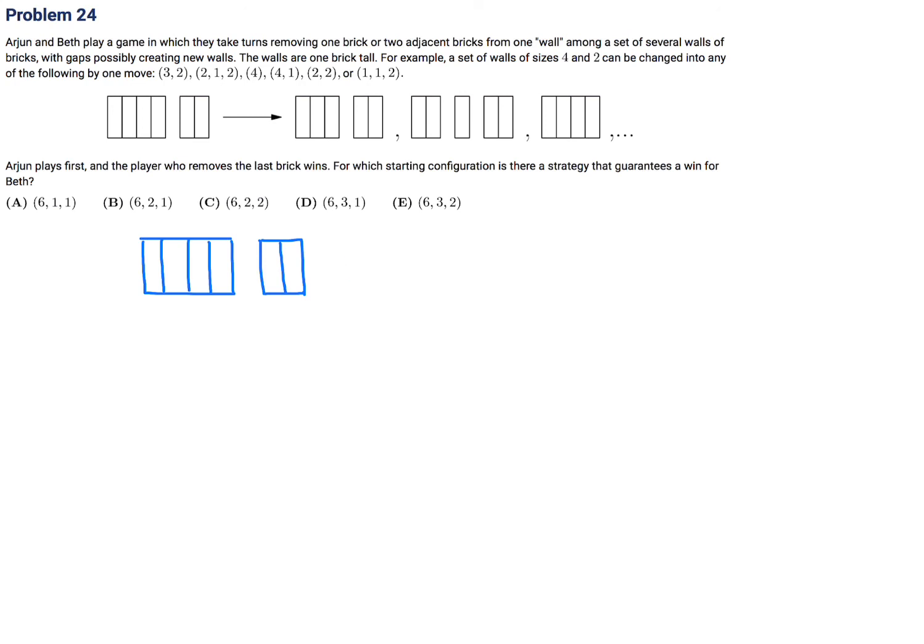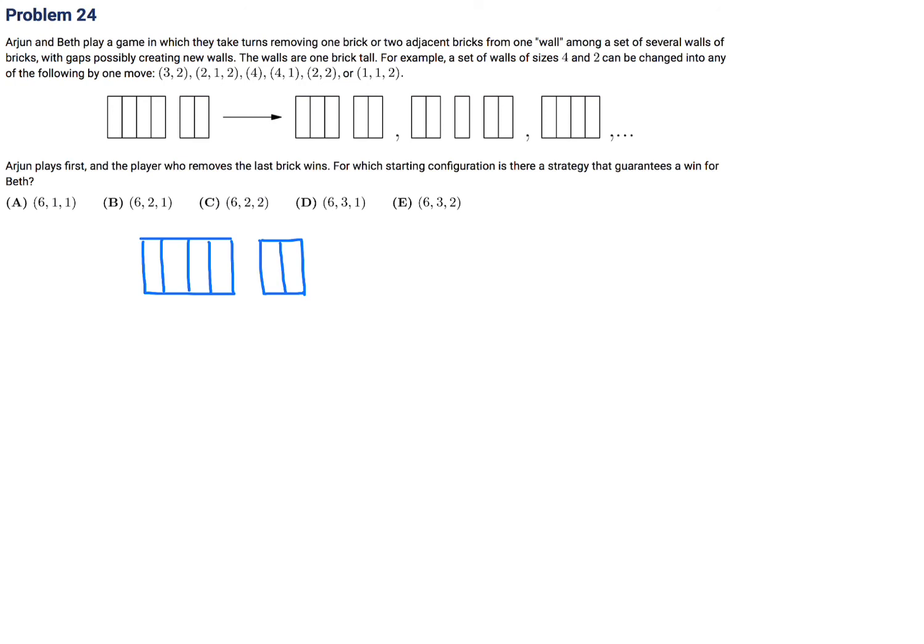If I remove this middle one, then I have a 2, 1, 2 situation, which is right here, and they're just writing it out as 2, 1, 2. If I remove these two, I get this, which is just 4. And so on. So 4, 1 probably was if you remove just that. 2, 2, I think, is if you remove these two. And then 1, 1, 2 is probably if you removed the middle two.